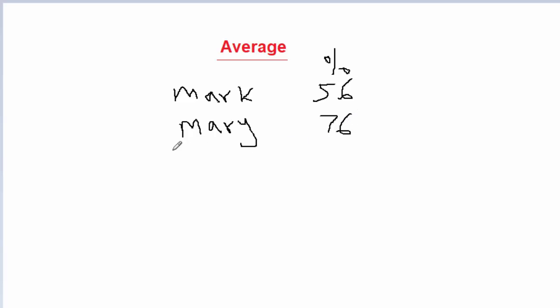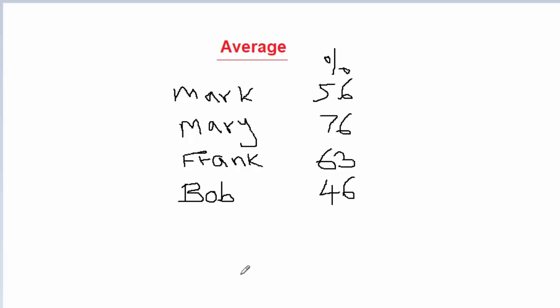Then another one, maybe Frank. Frank is a student in the same class, and Frank has 63. And then the other student is Bob, and Bob scored maybe 46.